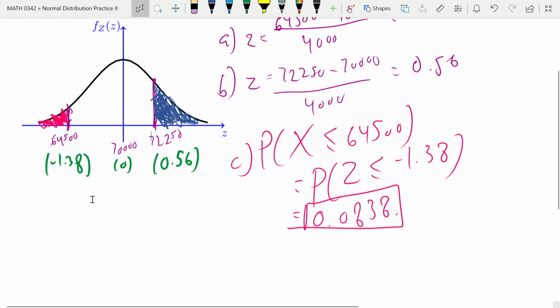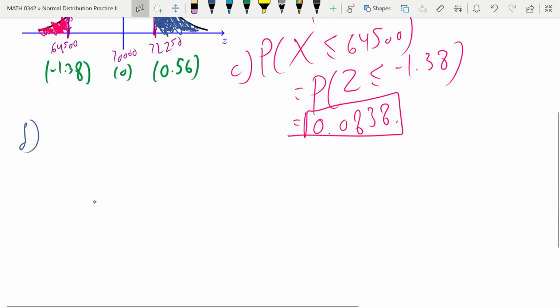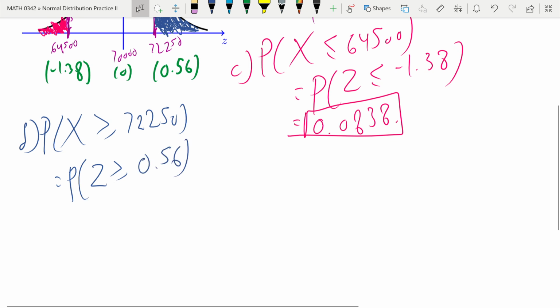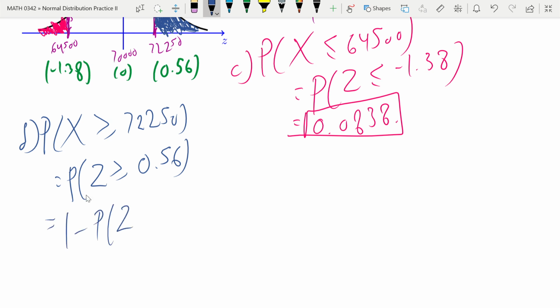So part D asks the probability that a salary is more than 72,250. But this is an x and we already transformed into z. So we're looking for the area to the right of the z-score corresponding to this measurement, which is 0.56. And as this is an area to the right problem, we need to transform this to looking at the area to the left. We get that by doing 1 minus the area on the left of that z-score.